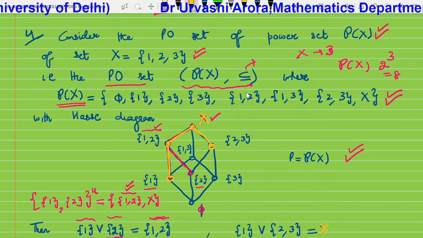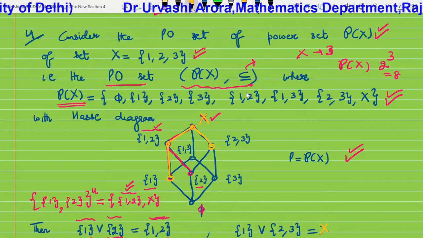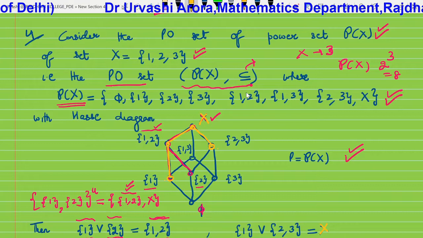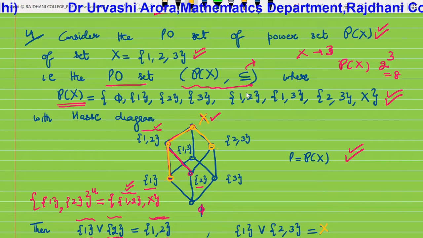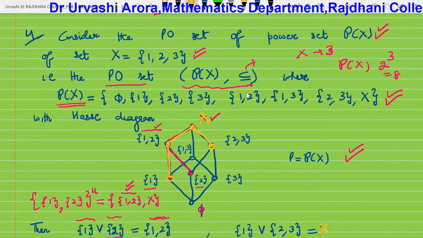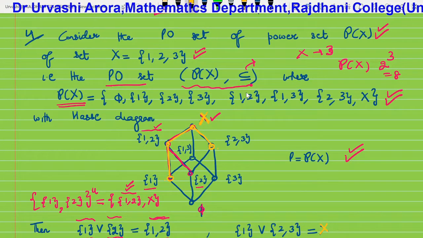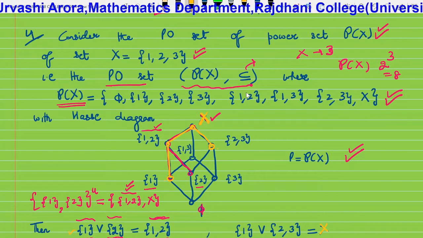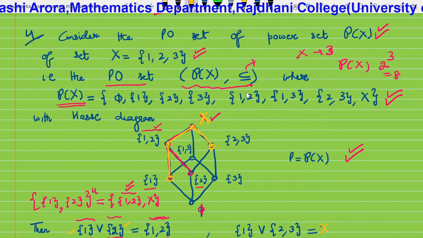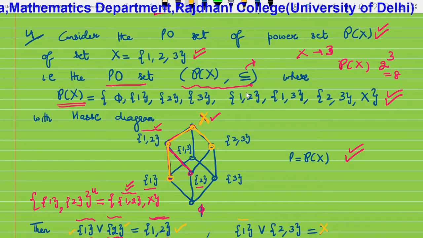That is the only upper bound of {1} and {2,3}. There is no other element which can act as an upper bound. So this X is the only upper bound, and it is the least upper bound of these two elements. So the join of singleton 1 and singleton 2 is {1,2}, and the join of singleton 1 and set {2,3} is X.